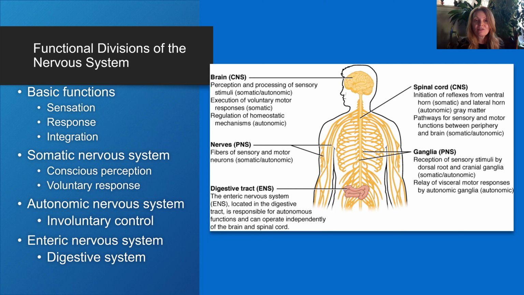The autonomic nervous system will receive sensory information as well, but it's going to be visceral sensation. So it will come from your internal organs, and it will not reach your consciousness. The autonomic nervous system will produce an involuntary response, something that you do not control.